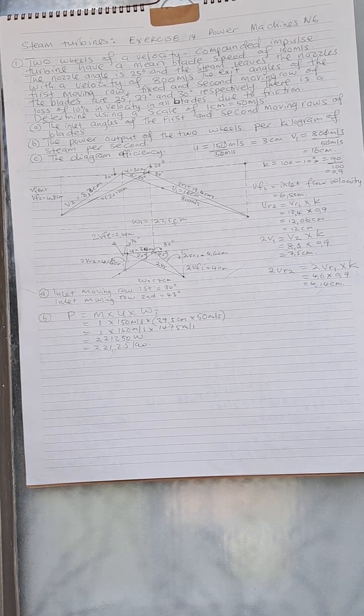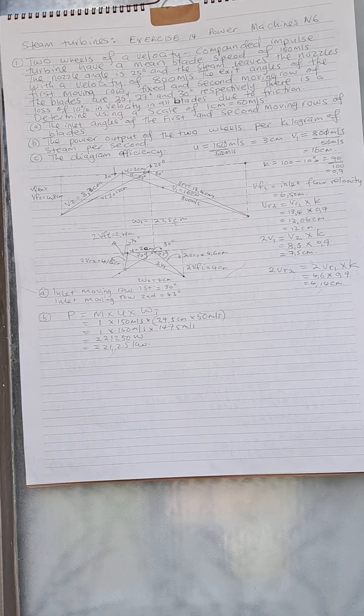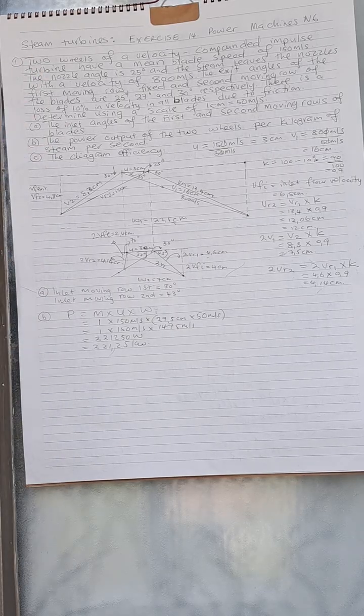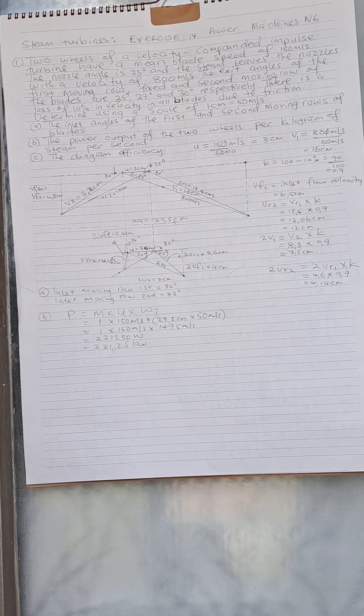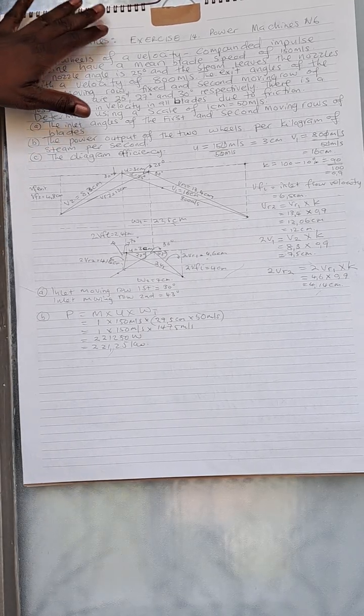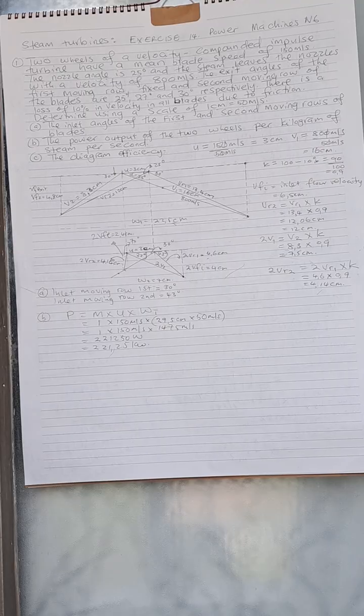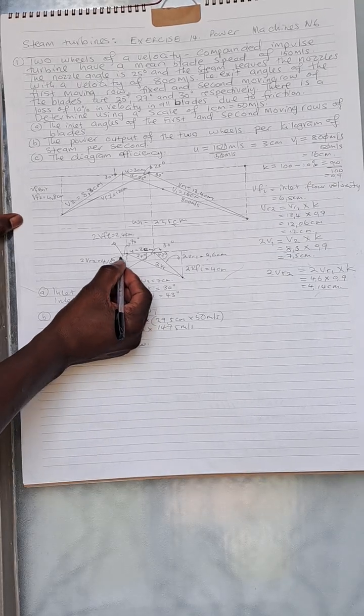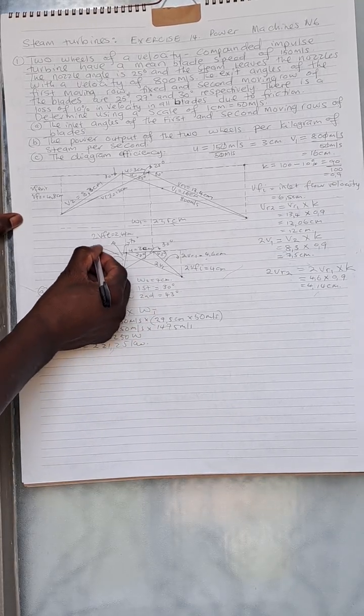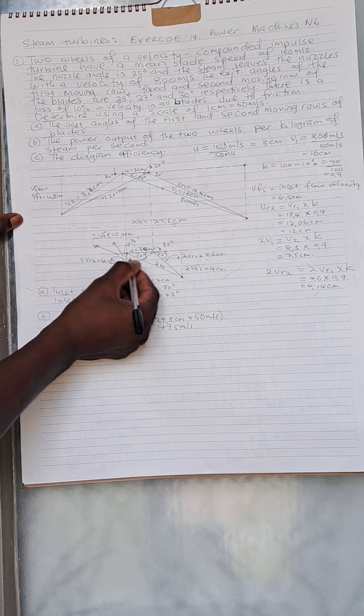But the most important thing now, which I need to emphasize, and you must not forget about this. Turbines are very simple. These are free marks in the exam as long as you understand the concept. Now, in Power Machines N6, our turbine only discharges at this point on the second stage.